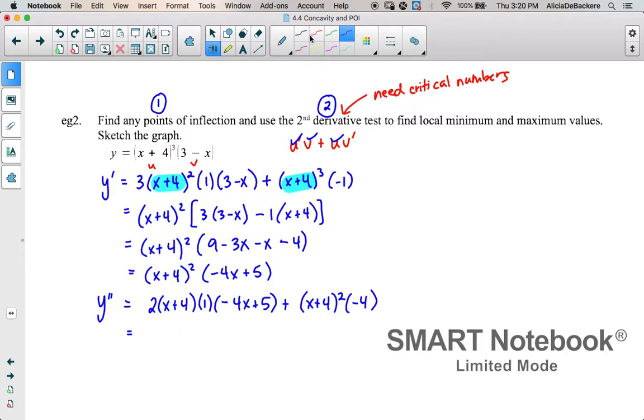All right, now again, I'm going to try to tidy up the second derivative here. I see a common factor of x plus 4, as well as a common factor of 2. So bringing that out front. And then writing the leftovers in the bracket.